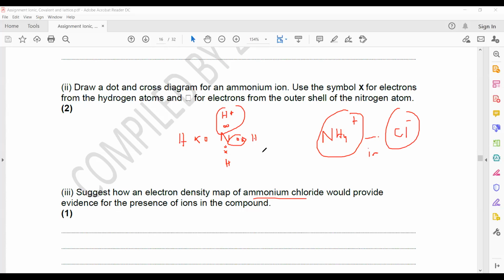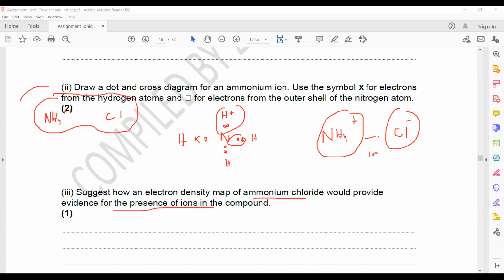But how does X-ray diffraction or the electron density map show evidence of the presence of ions? Whenever there is an ionic compound, when we draw the electron density map, the electron density contours or lines will go around ions, not around the nucleus. If ammonium chloride was covalent, what should the electron density map look like?